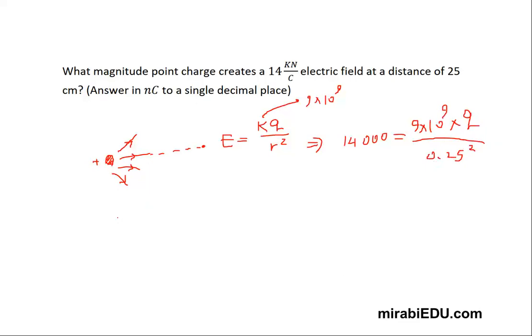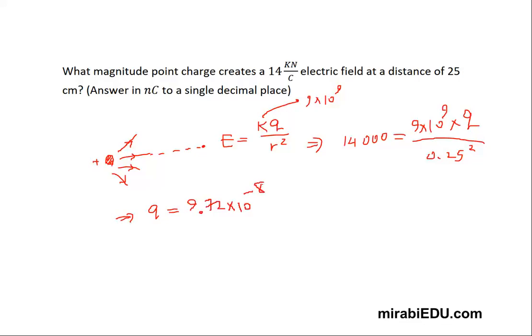Here I need a calculator to find Q. If I do it by calculator, 0.25 squared times 14,000 divided by 9 times 10 to the 9, I'll get a number which is 9.72 times 10 to the negative 8.